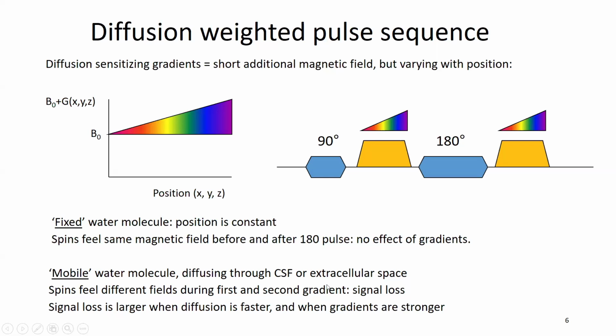And the signal loss is larger when the diffusion is faster, or when the molecules move more easily, or when the gradients are stronger. Yeah? The first gradient is this one, and the second gradient is that one. So if they are identical, so they are at the same position, then nothing happens. But if they are moving, then they lose their signal.